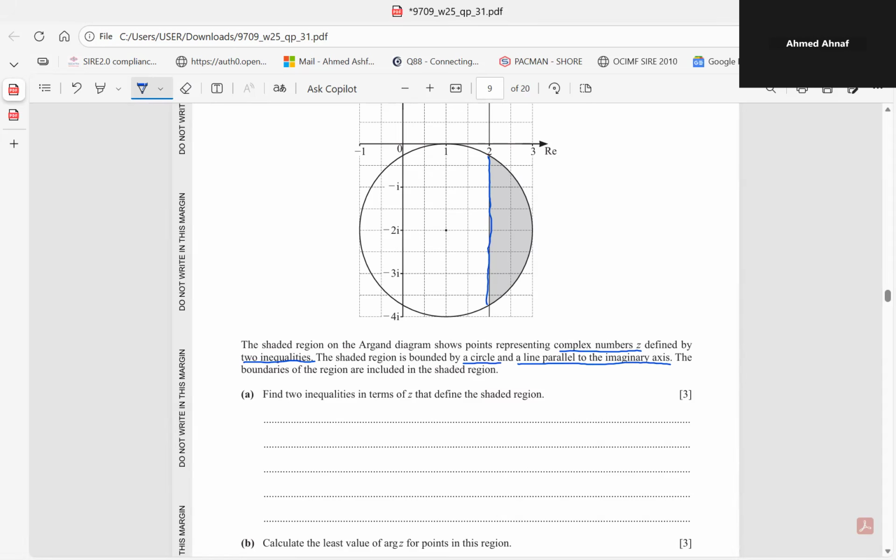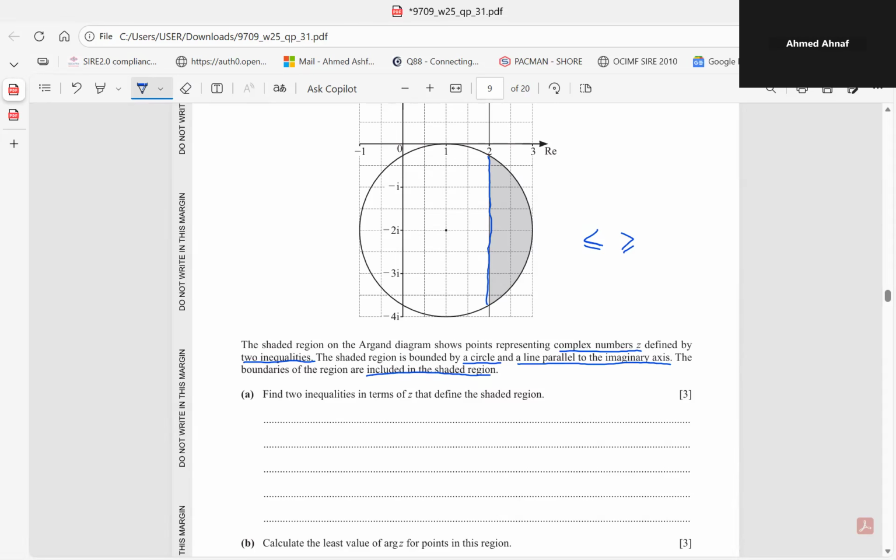The boundaries of the region are included in the shaded region. This last point is very important when we need to find the inequality. The inequality sign definitely cannot be just less than or more than. It has to be less than or equal to, more than or equal to, so I need to include the equals sign.